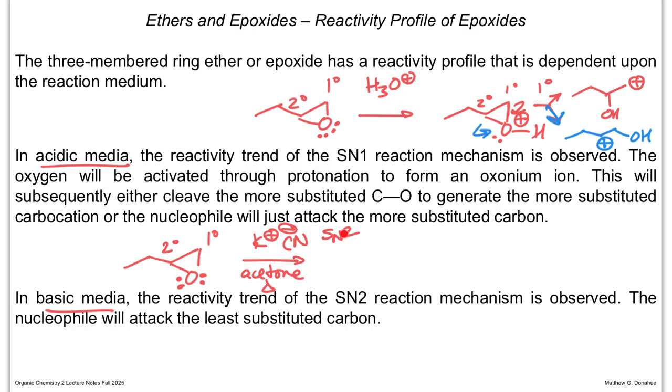Because it's SN2, we now want to use the least substituted carbon, so the primary, meaning that these electrons on the cyanide would attack that carbon to pop the bond open that way.